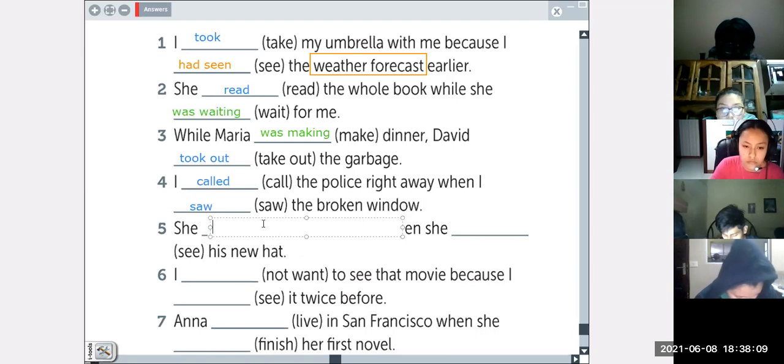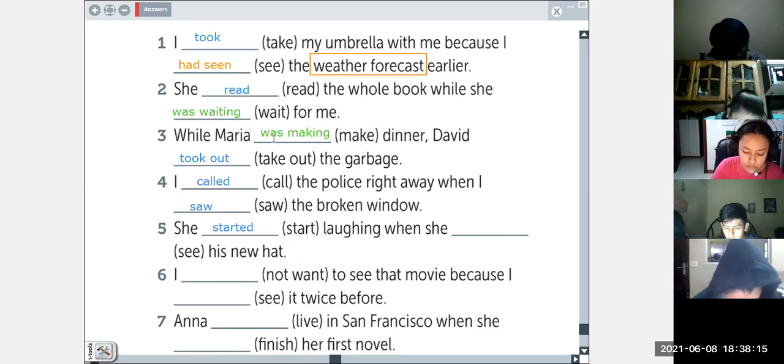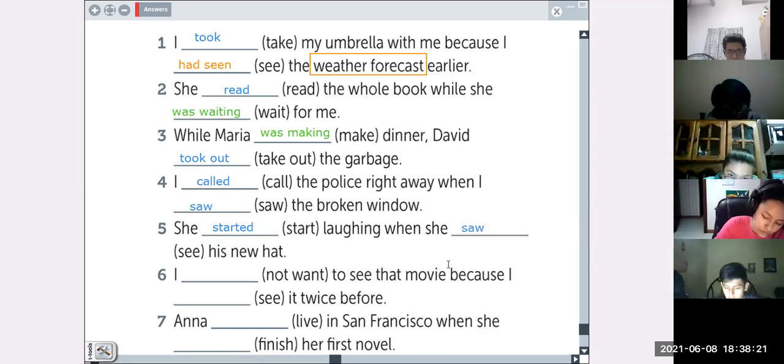She started laughing. Ella se empezó a reír. She started laughing when she saw, right? When she saw his new hat. Es el mismo ejemplo que el número 4. ¿Ok? Es una acción que pasa inmediatamente después de la otra. Ella vio el sombrero y al ratito se empezó a reír. ¿Ok? Two actions that happen one after another.